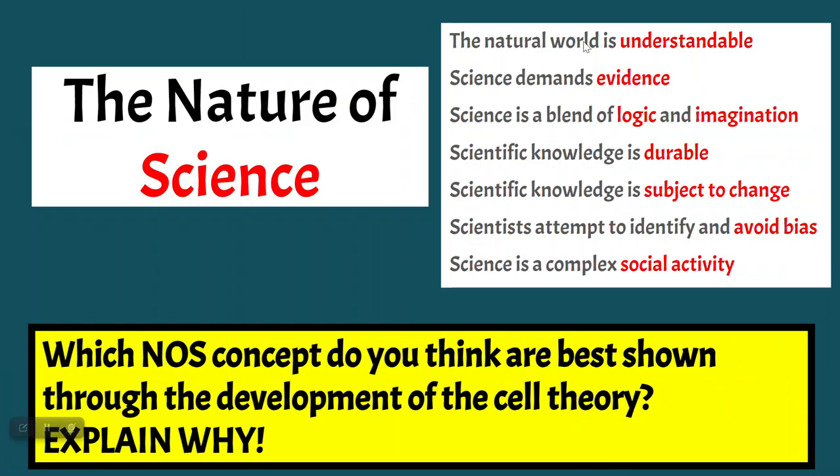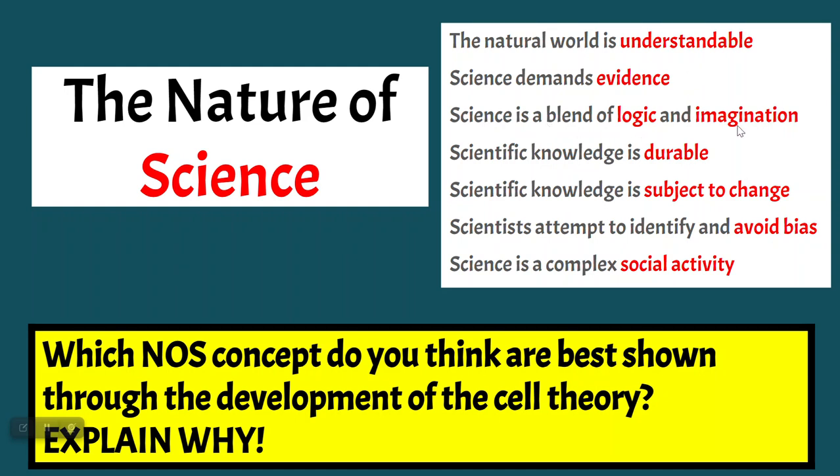We did this at the beginning of the year, and we have these basic ideas about the nature of science. We believe that the natural world can be understood through exploration and experimentation, right? But we need evidence to prove our ideas.